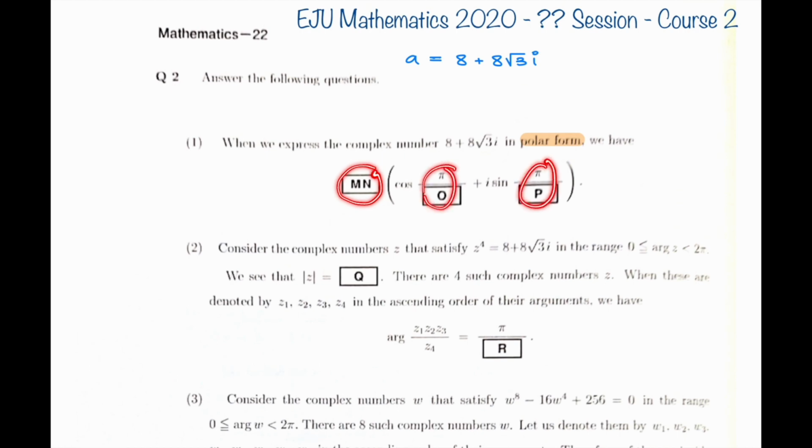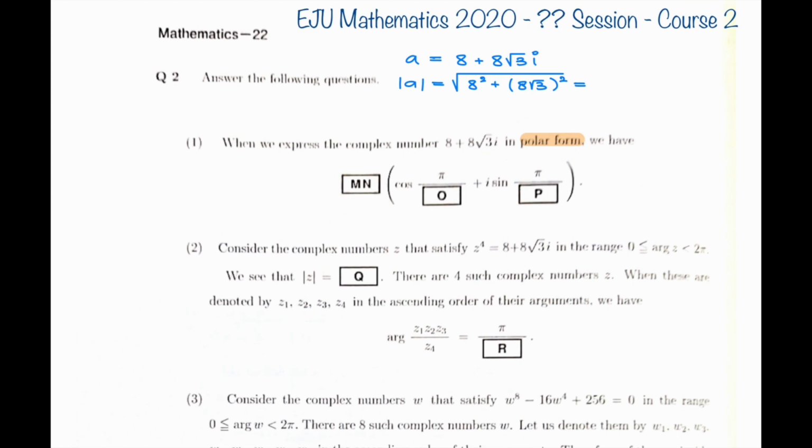To find the modulus and argument, you can use a formula. The modulus can be found by taking the square root of the real part, which is 8, squared, plus the imaginary part, which is 8 square root of 3, squared. This is how we can find the modulus of a complex number.